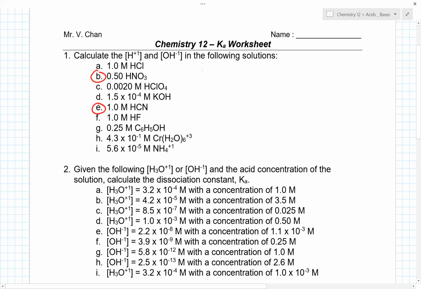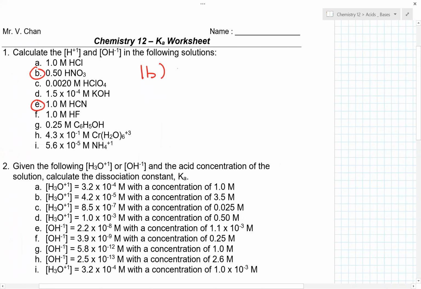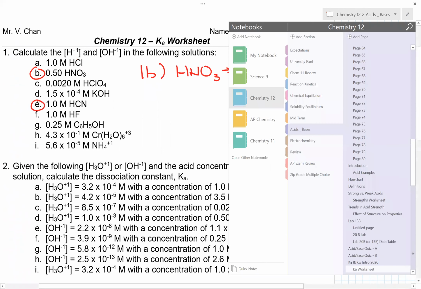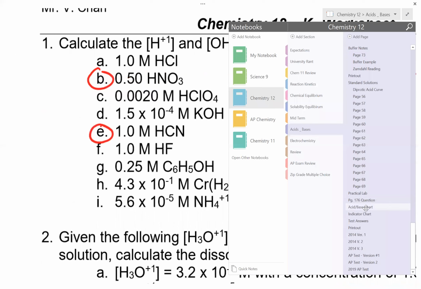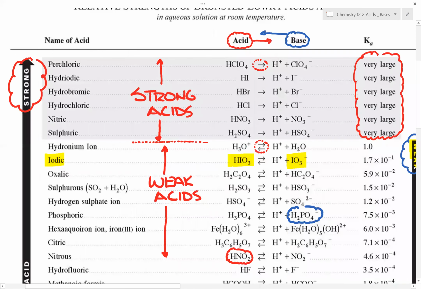For question 1B, the first step is to ask: HNO3, is it strong or weak? If you look at the chart, you will see that HNO3 is a strong acid. So what does that mean?